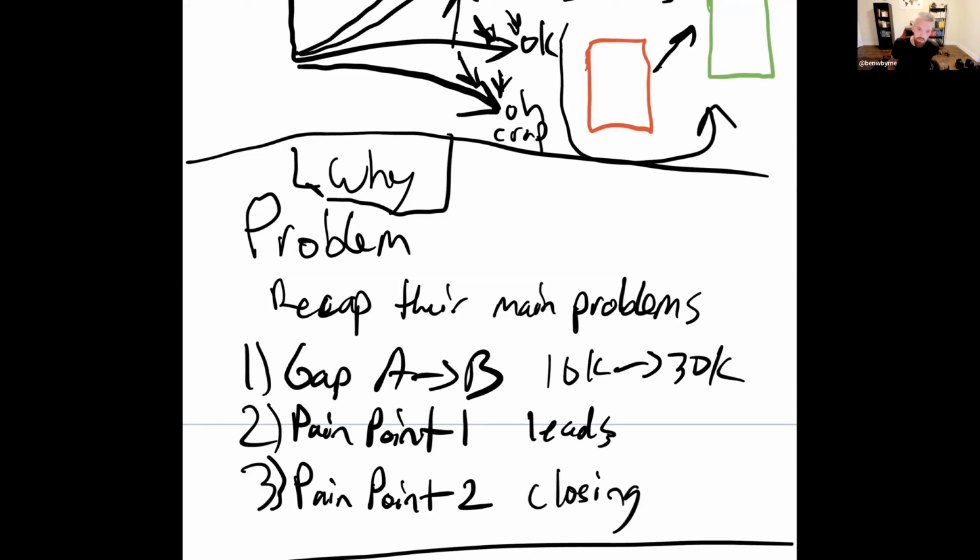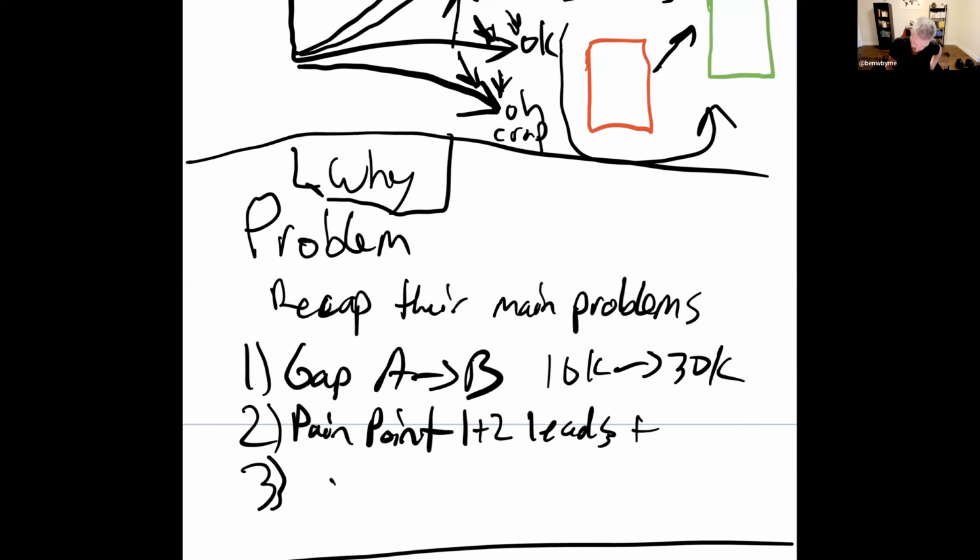And maybe you know what I also like to do for this, rather than do pain point 1 and 2, you can do pain point 1 and 2, leads and sales. So the main thing is you need more leads and more sales, and then you also have this roadblock. Like you tried to do this, it didn't work.